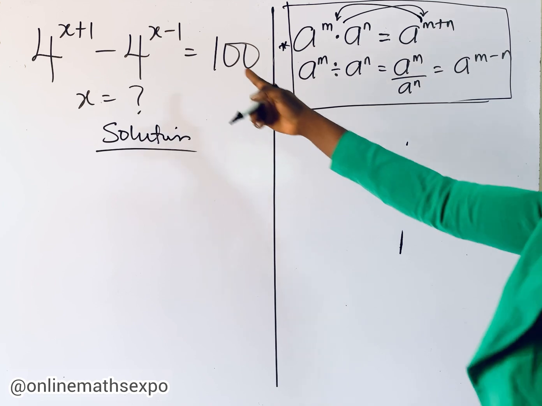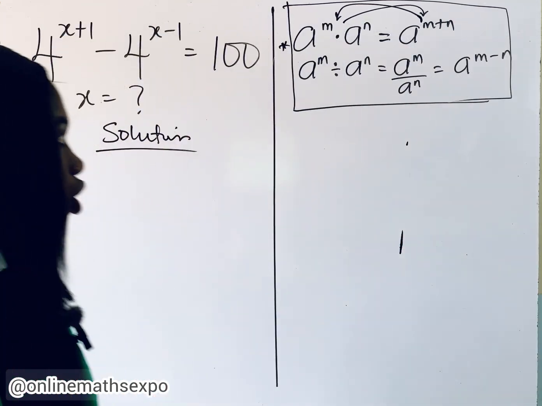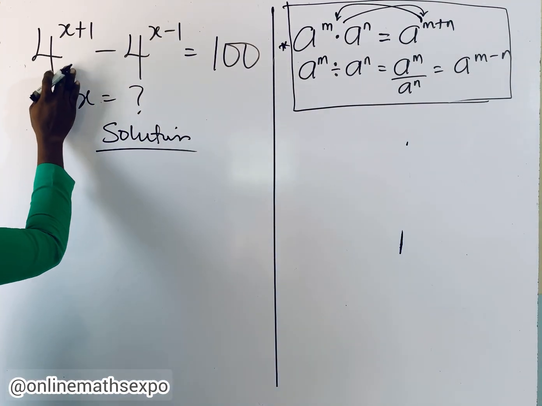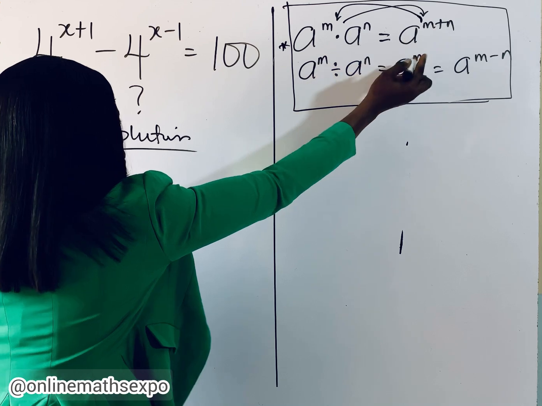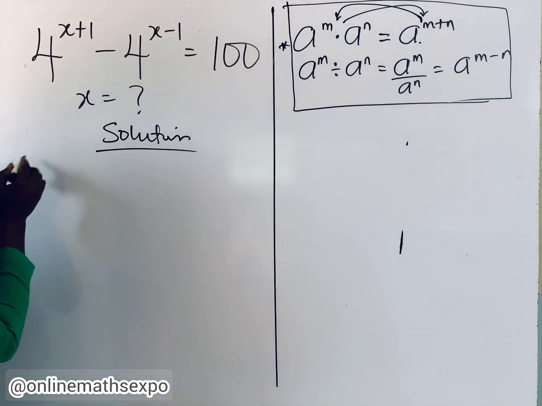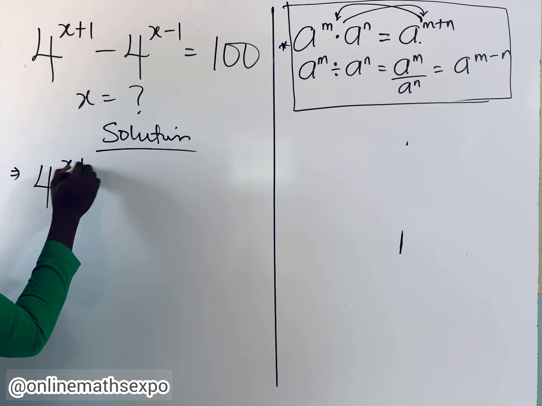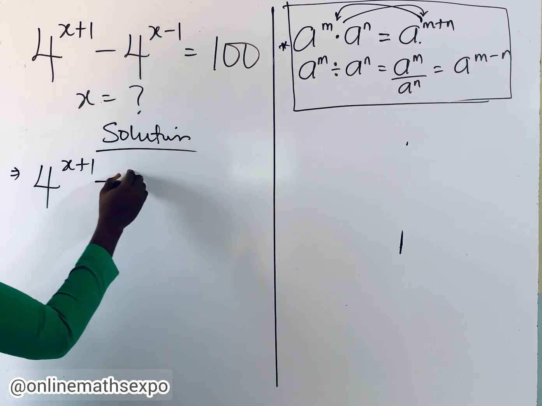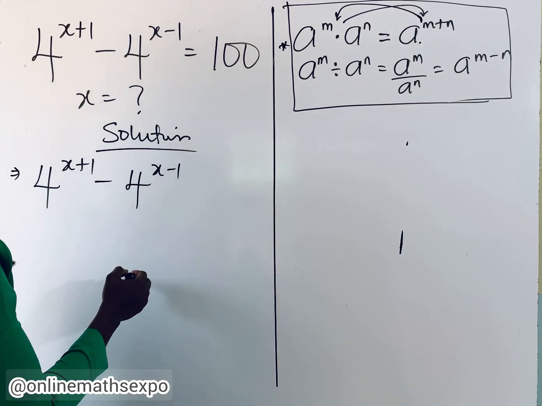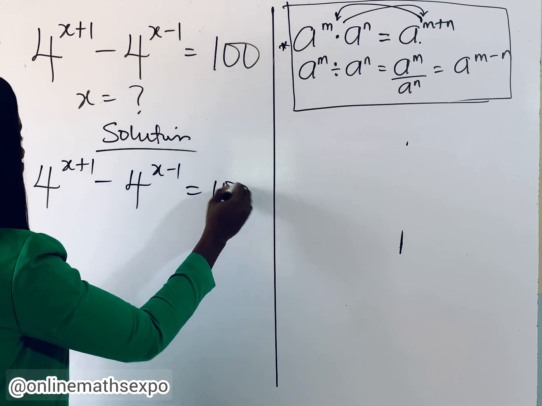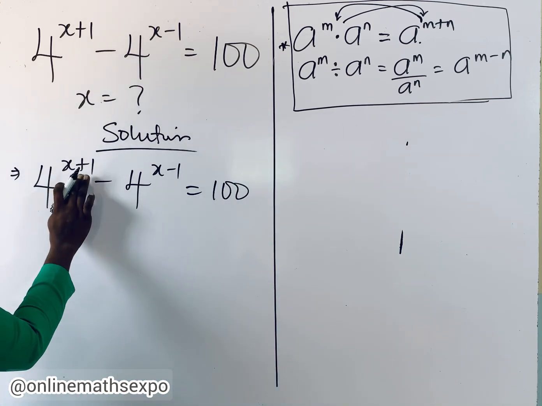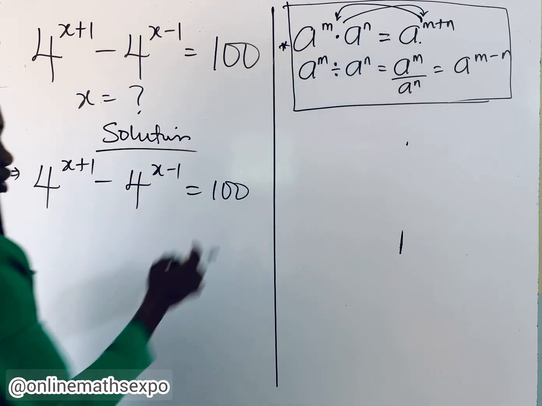Now to answer this, we know that this is obeying one of the rules, okay? So let's repeat what we have. We have 4 to the power of x plus 1 minus 4 to the power of x minus 1 is equal to 100. For the addition, let's use the first one.